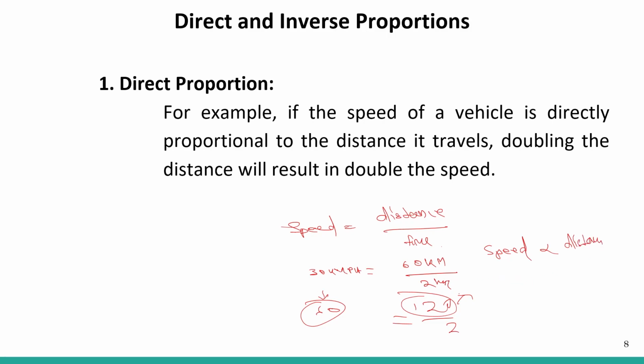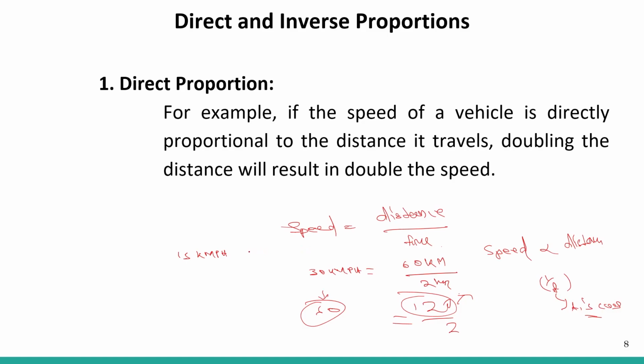And the constant of proportionality is 1 by t here, if t is constant. So the proportionality constant is 1 by t here. So let's go further. You can also see here that if 30 becomes 15, let's say the speed becomes 15 km/h, what does the distance become?